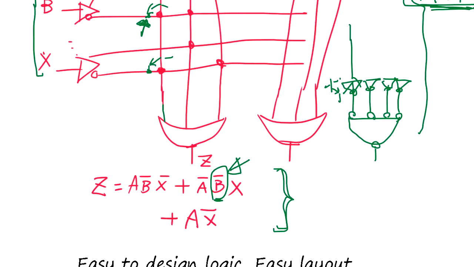You don't have to deal with the jungle of logic design. So this is often used. The only disadvantage is that if you make a large array, it's going to be relatively slow.